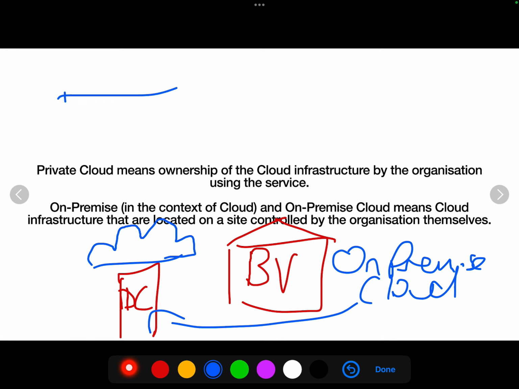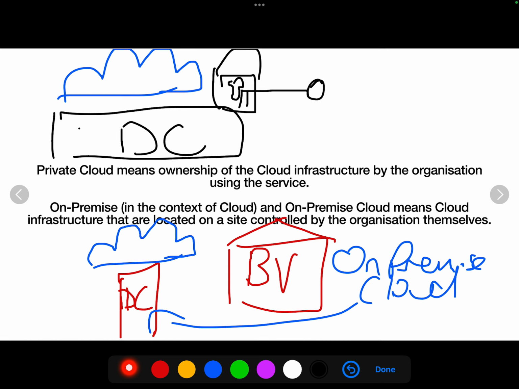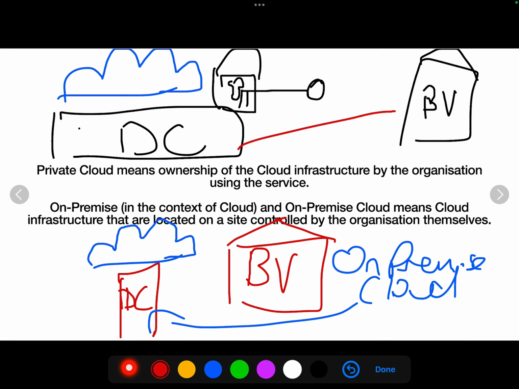So you have a private cloud. Put a little padlock here to represent private cloud. That's a private cloud, but the data center that's running it is not owned by the organization. So this is kind of locked.